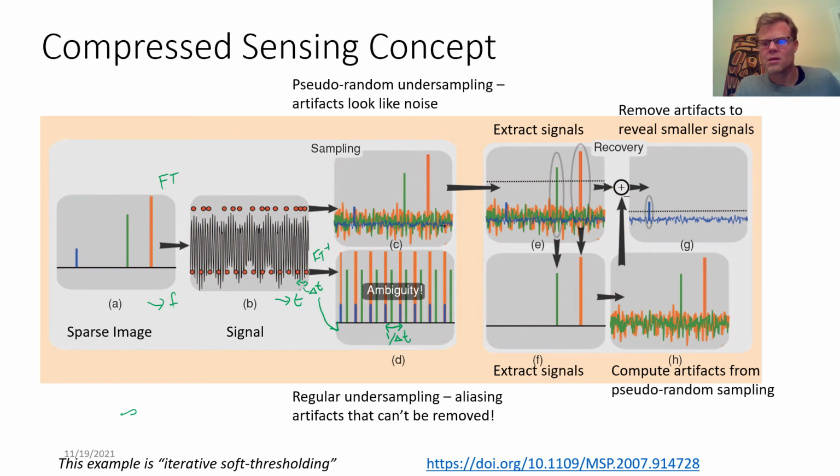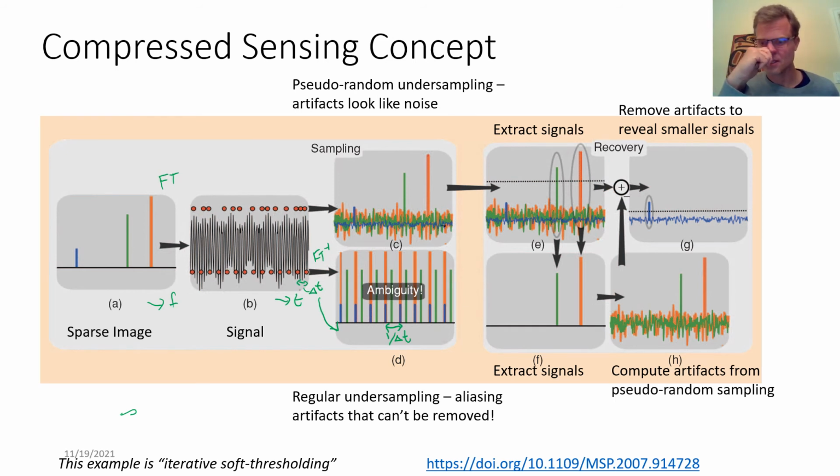And then if we've got our sparsity model right, and we calculated our aliasing from the pseudo-random sampling, this noise-like aliasing, we should be able to get to a situation where we can actually see this smaller coefficient, this blue peak, because we've removed the other peaks and also their pseudo-random aliasing contribution, these artifacts, to reveal the smaller signals.